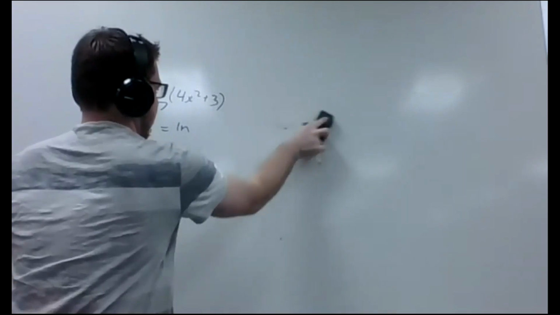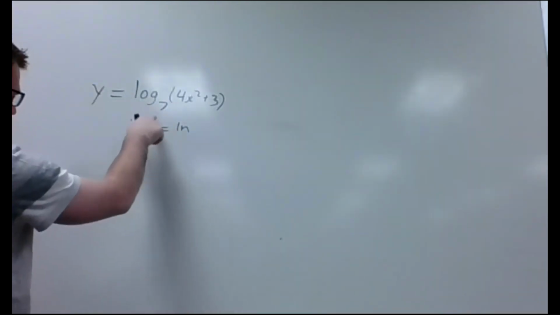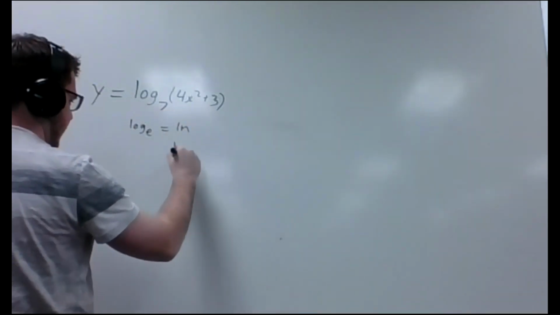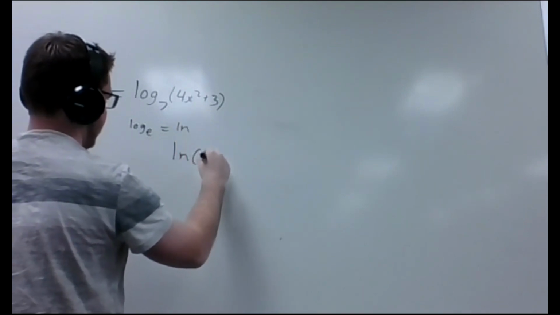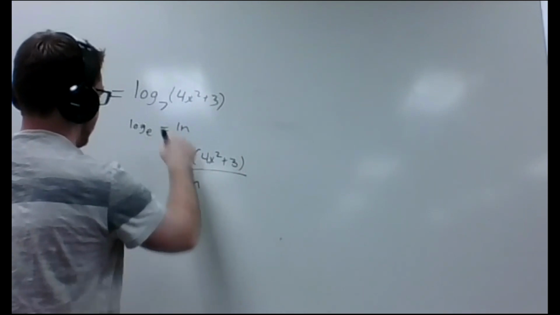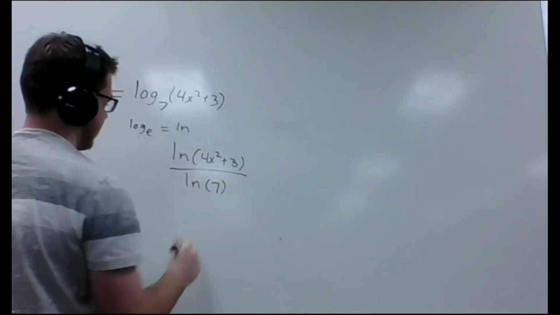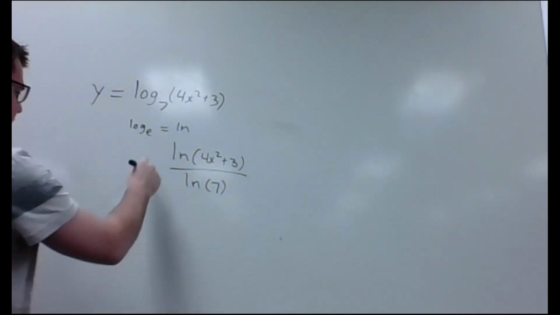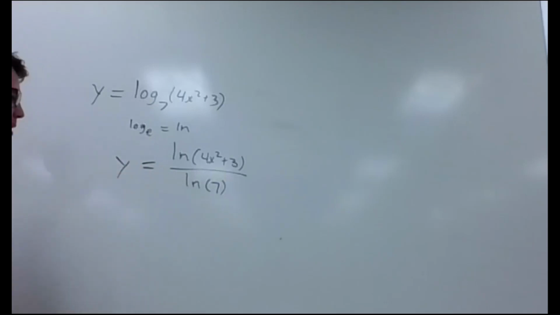So we can change this to the ln of the argument over the ln of our base. That's basically what the change of base formula says. And now we know how to do this derivative, whereas before we didn't.